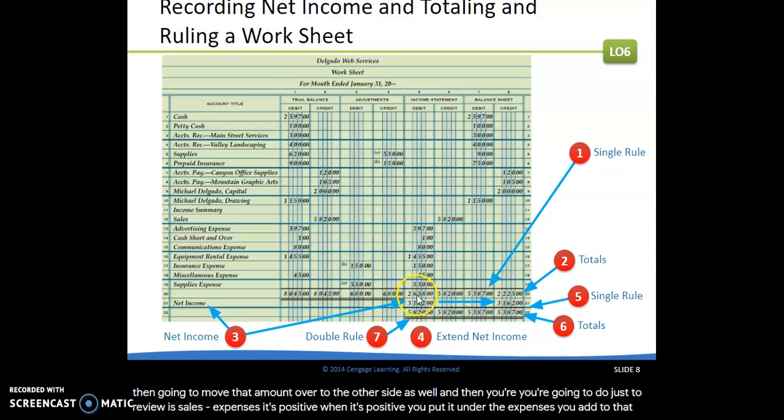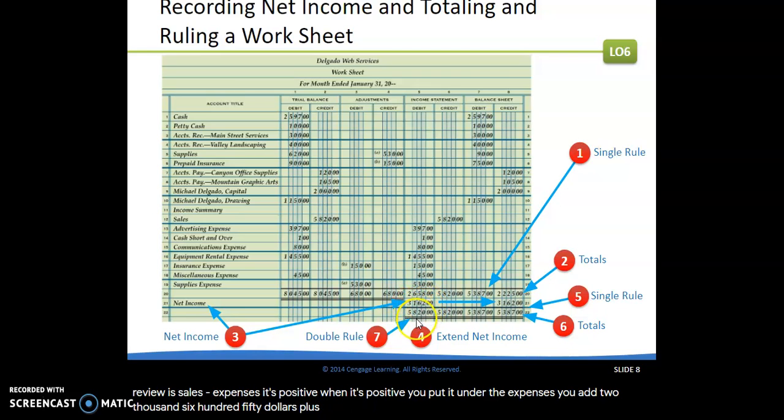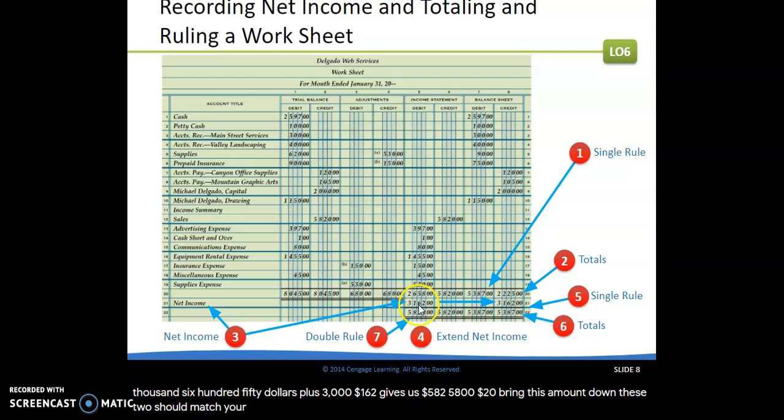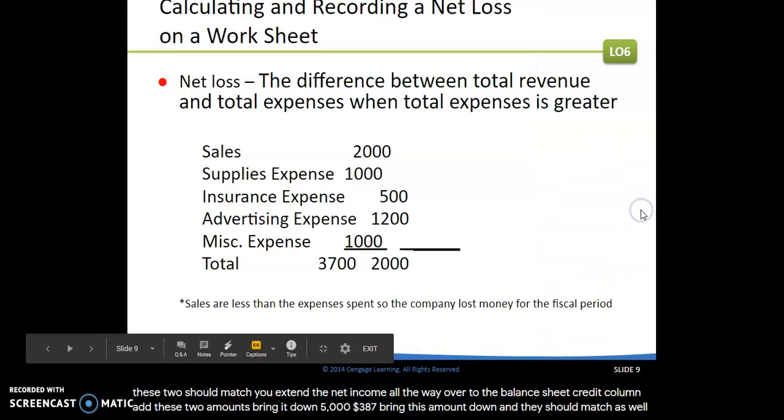You add $2,658 plus $3,162 gives us $5,820. Bring this amount down. These two should match. You extend the net income all the way over to the balance sheet credit column. Add these two amounts, bring it down, $5,387. Bring this amount down, and they should match as well.